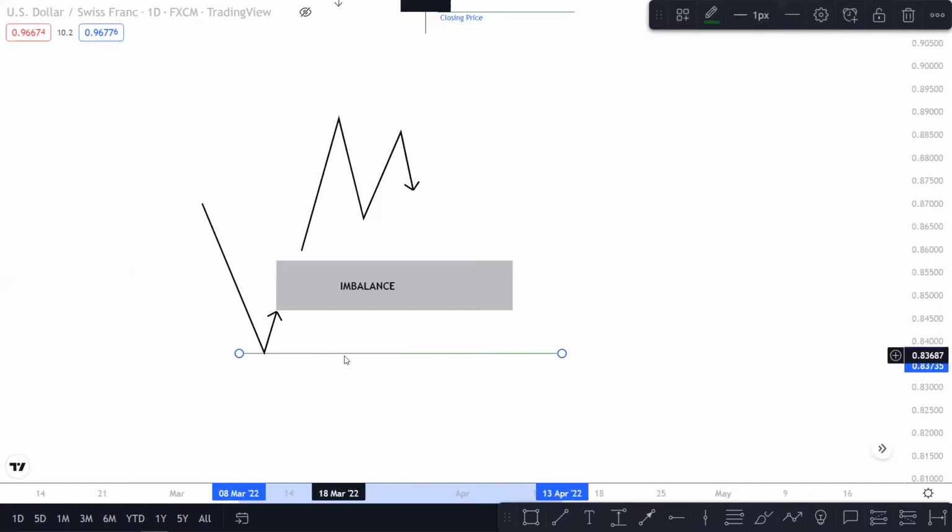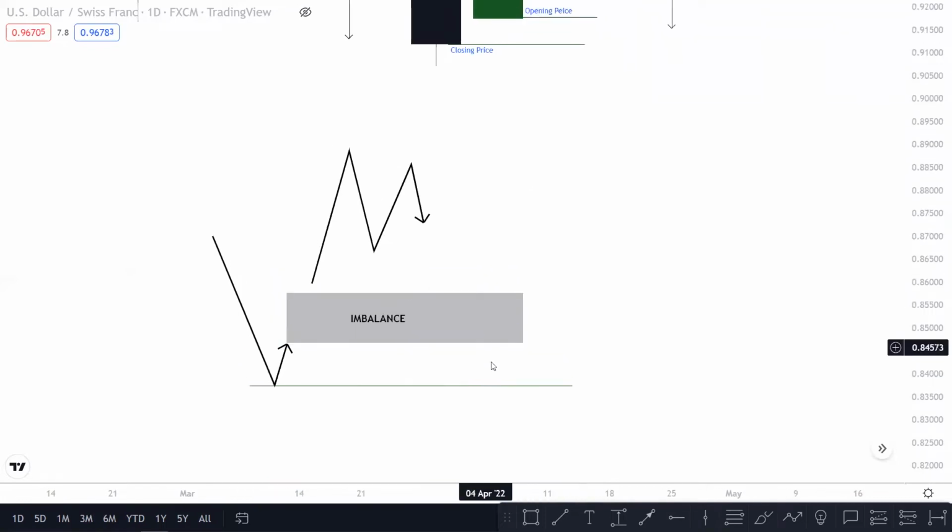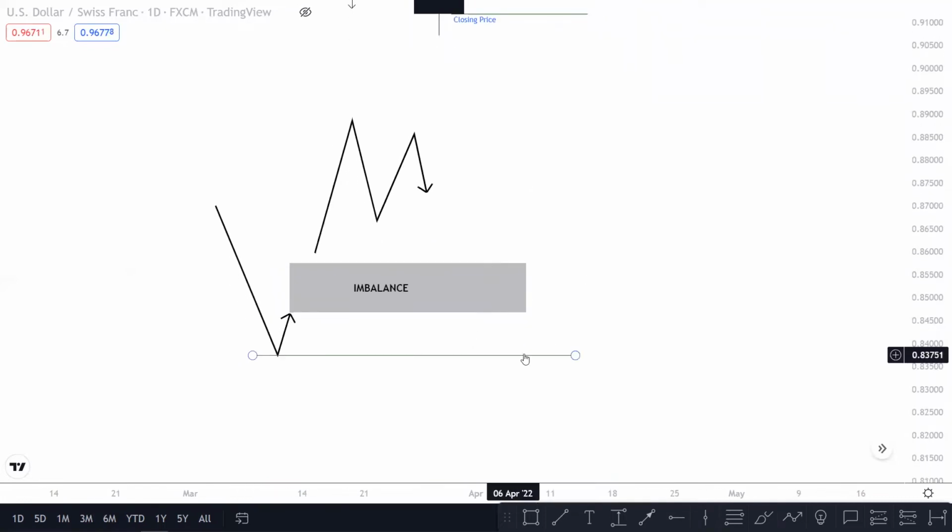If this index is a quote, I will sell as soon as it does this. Once it trades below this, I will sell.